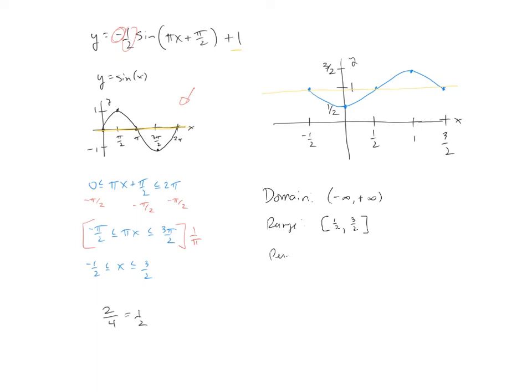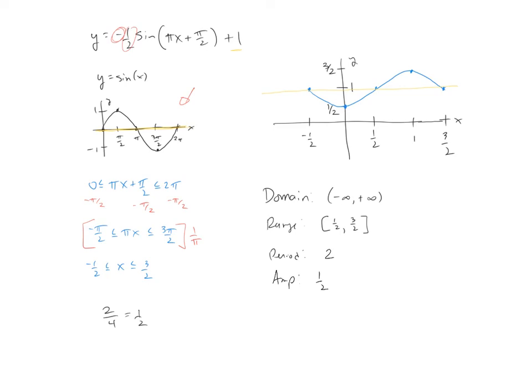The period is the distance required to complete one cycle. As I mentioned, we've got 3/2 units there, and an additional half unit there, so the period would just be 2. The amplitude would be a positive 1/2. Remember, amplitude is always positive.